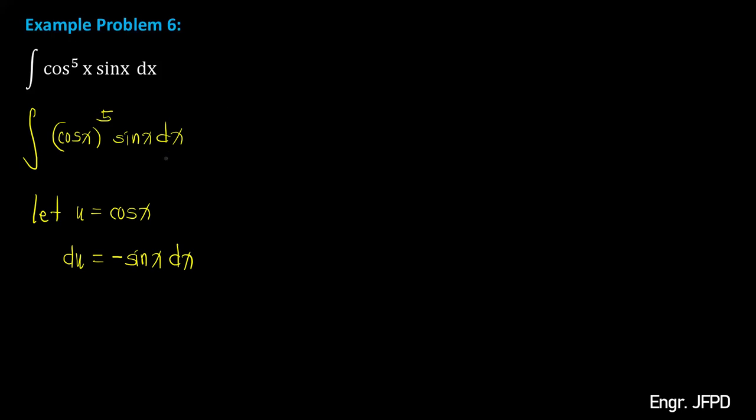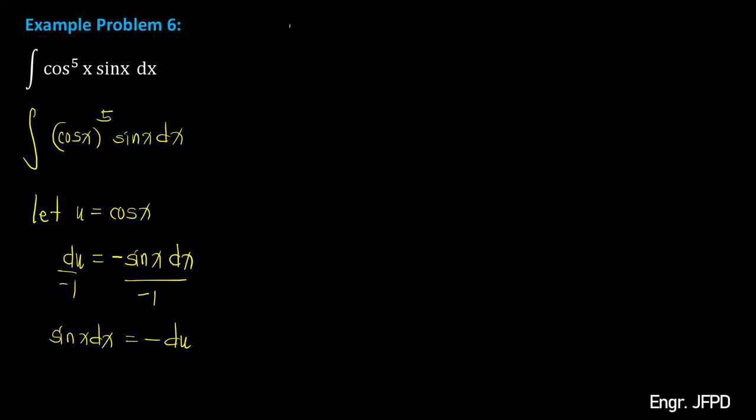Then, since in our question we have here the product of sine of x dx, let's try now to solve for the sine x dx, which is just simply dividing both sides by the negative 1, and we will have here a sine of x dx, and this is equal to the negative of du.